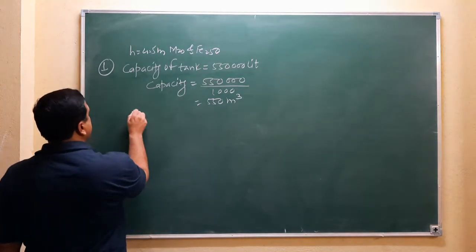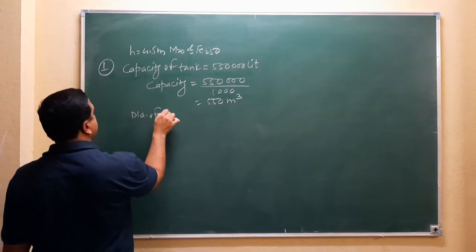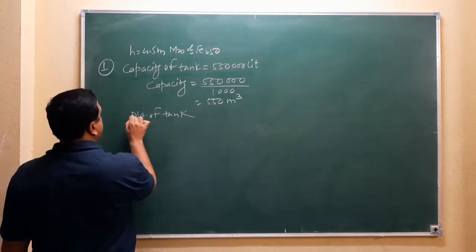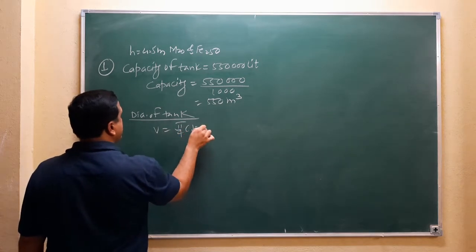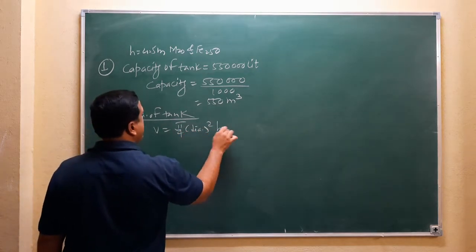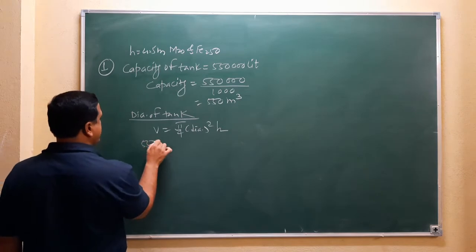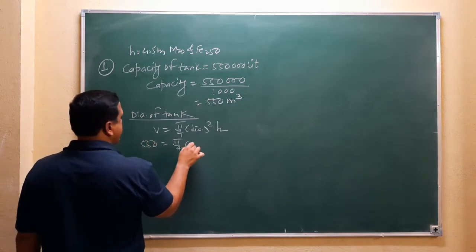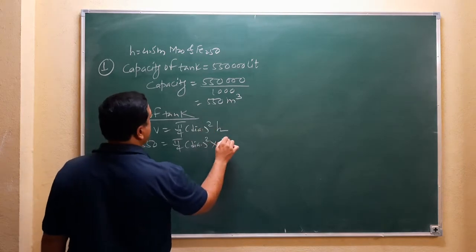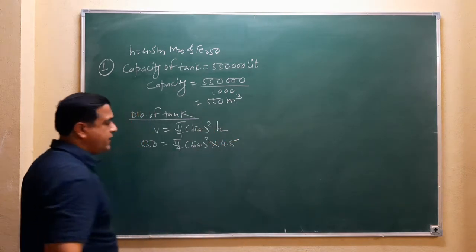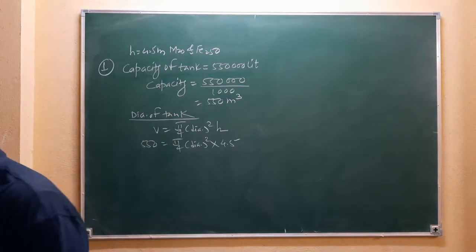Now the diameter of the tank. Now what is the diameter of the tank? Volume is equal to pi by 4 into diameter square into height of water. So put 550 equals pi by 4 into diameter square into 4.5 meter, the height of water.